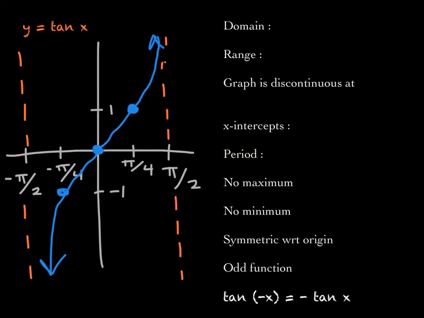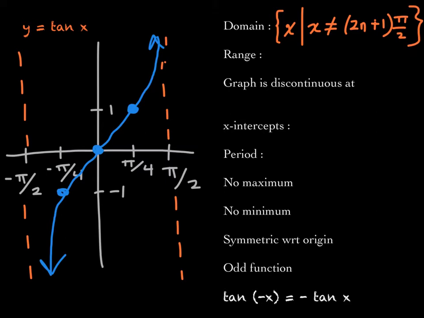The first thing I would like us to remember is that the domain for the tangent function is the set of all x values such that x cannot be any odd multiple of pi over 2. The way we wrote this down in earlier studies, in set builder notation, is the set of all x such that x is not an odd multiple of pi over 2.